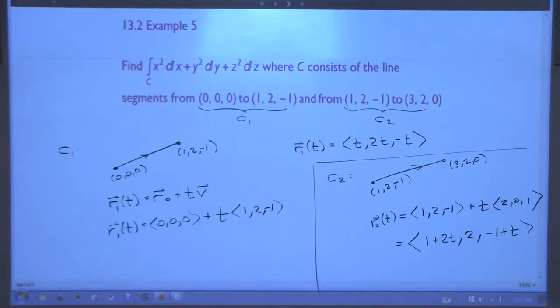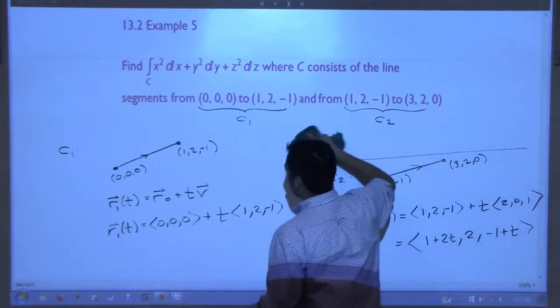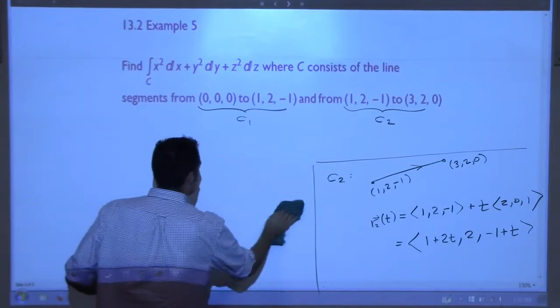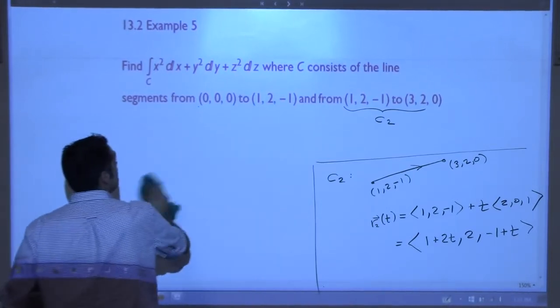All right, I think I'm ready to set this thing up. I'm erasing everything I'm going to need.